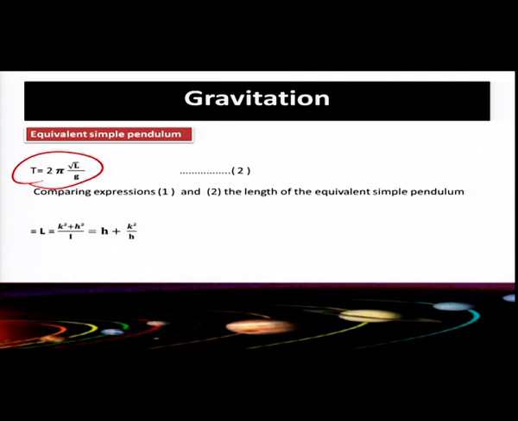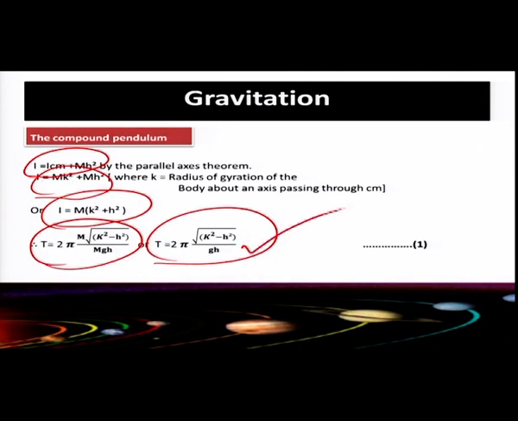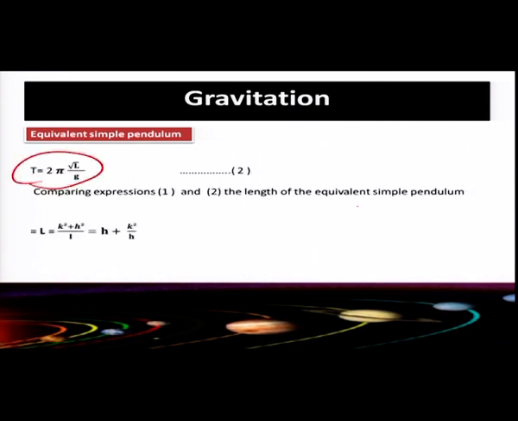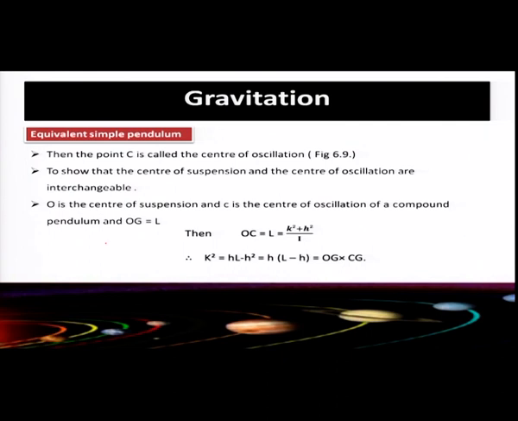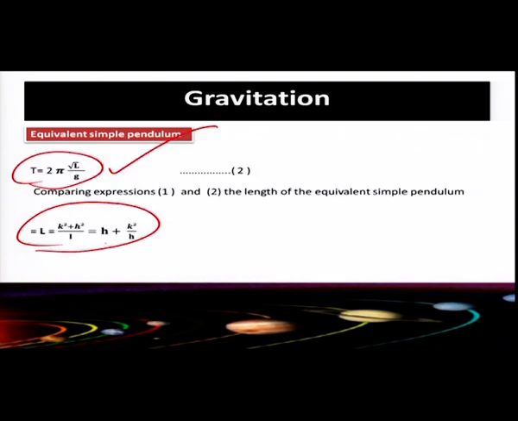Comparing the two expressions, we have L is equal to k squared plus h squared by h, that is h plus k squared by h. Then the point C is called the center of oscillation, as shown in the diagram.